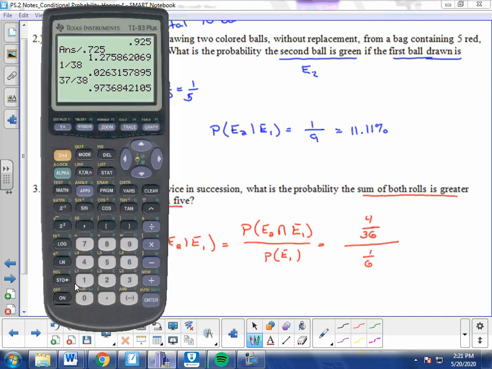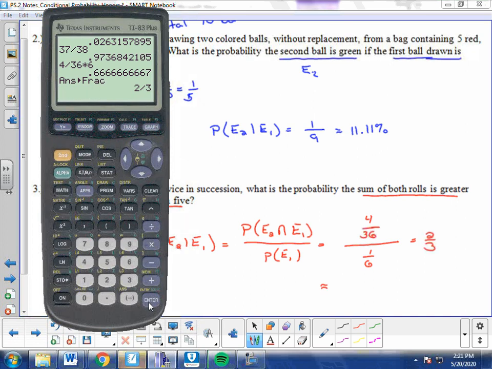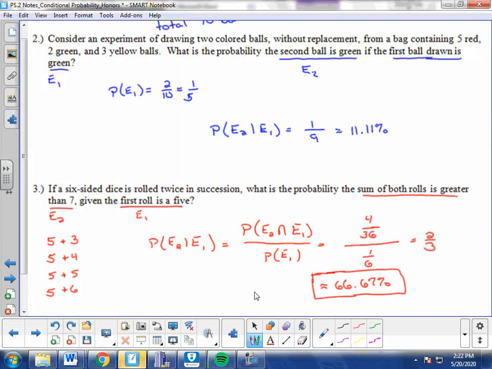If I multiply by the reciprocal of the denominator, so times 6, and reduce the fraction, it would be 2/3. So in this instance, we have approximately a 66.67% chance of having a sum of greater than 7 if I already rolled a 5 in the first event.